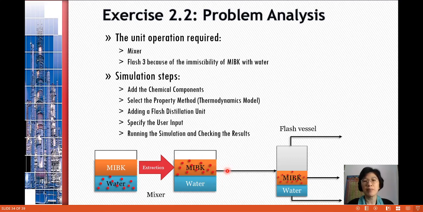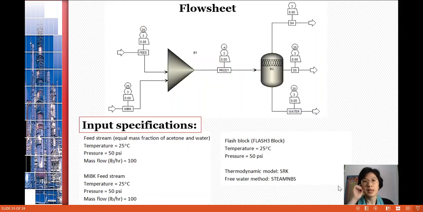We push it to a flash vessel, and this flash vessel should allow for three products: one vapor at the top and two liquids at the bottom. This is how you need to put the flowsheet in Aspen Plus. B1 is the mixer, and then we have B2 as a Flash3 model.